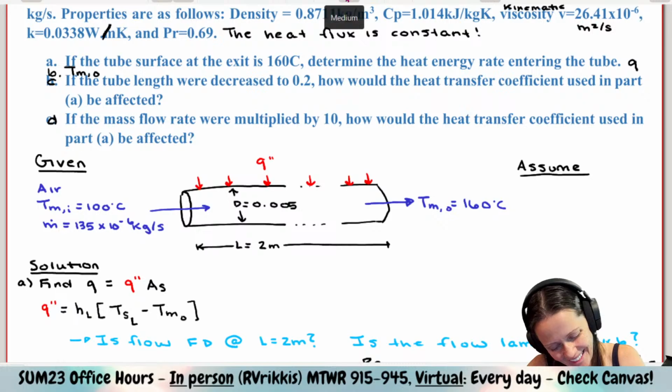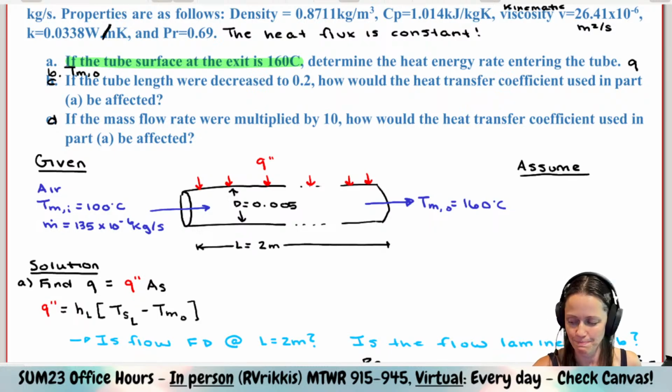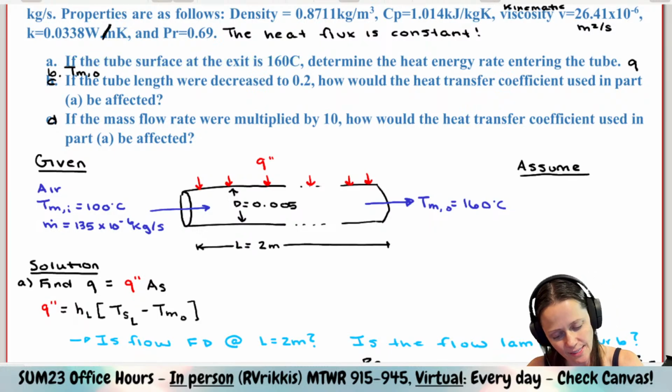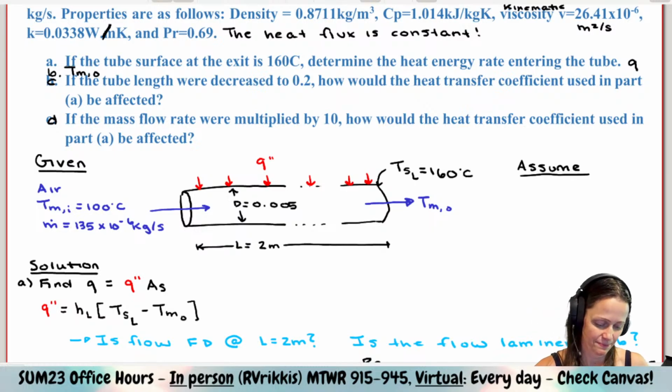So let's look. It says if the tube surface at the exit is 160 degrees. That did not say the mean temperature, did it? It did not. So I don't know it, but that's okay. But I do know the surface temperature at x equals L. Luckily, it's not that bad.